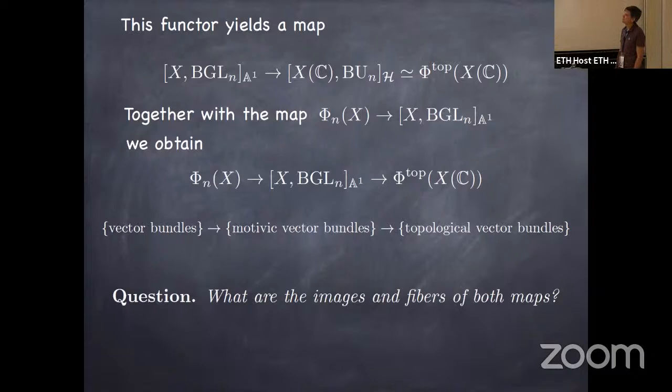So I think this picture explains very well what is the nature of these Motivic vector bundles. They just sit in between, right? So it's either a topological version of algebraic vector bundles or an algebraic version of topological vector bundles, depending on the map you look at.